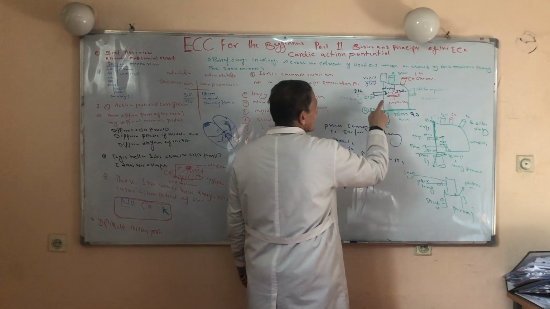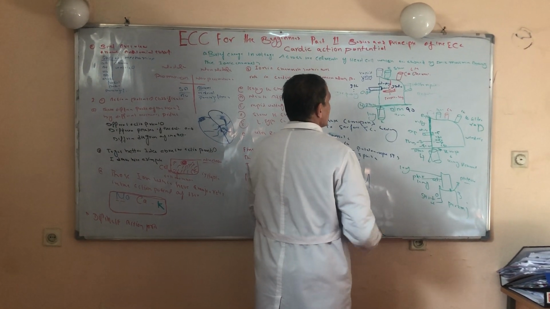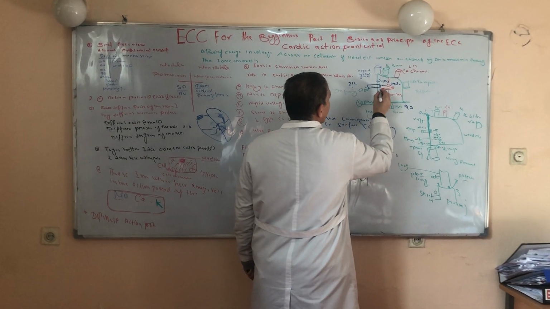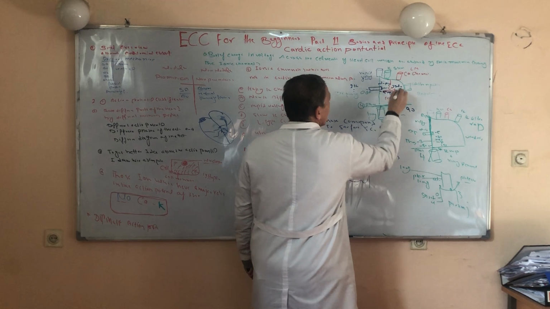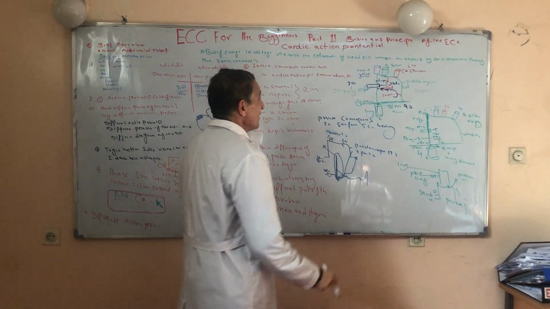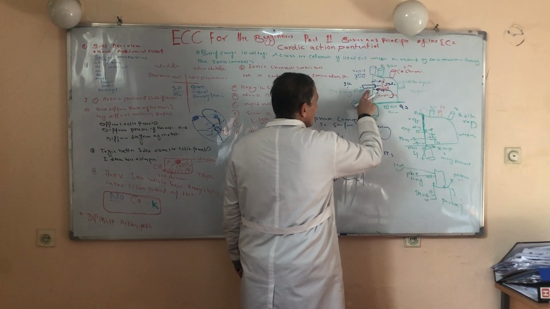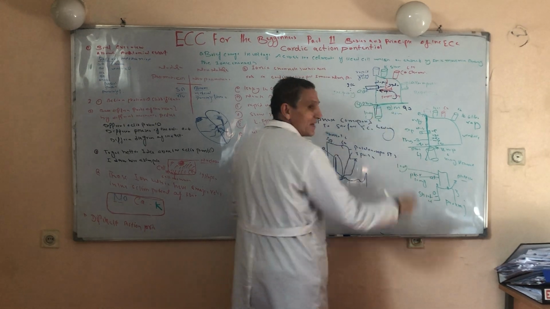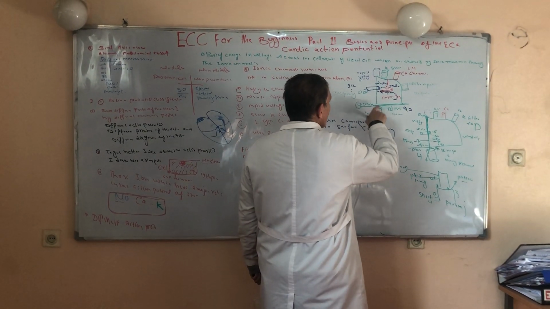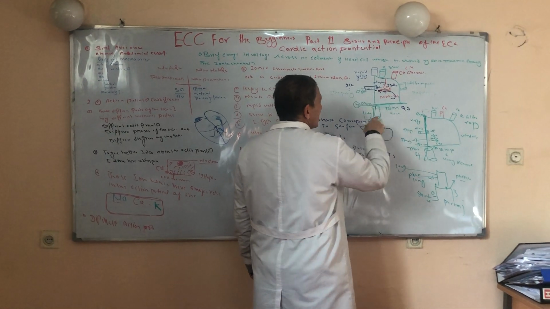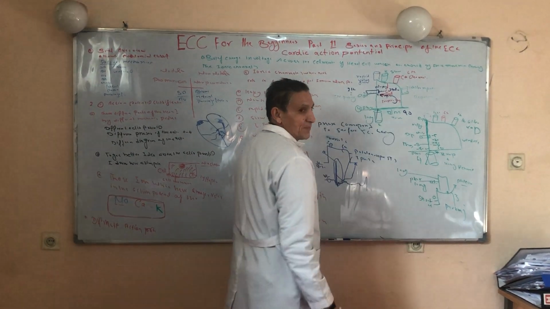And the second thing produced by the sodium potassium ATPase is a minus 5 millivolts. This minus 5 millivolts leads to opening of the leaky potassium channel.